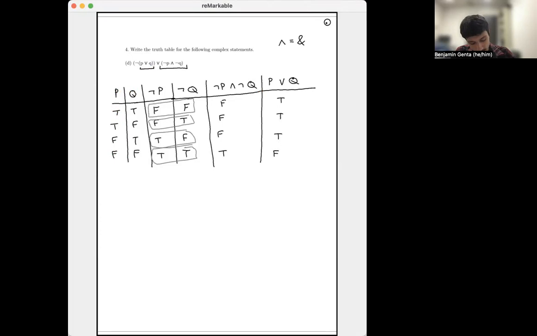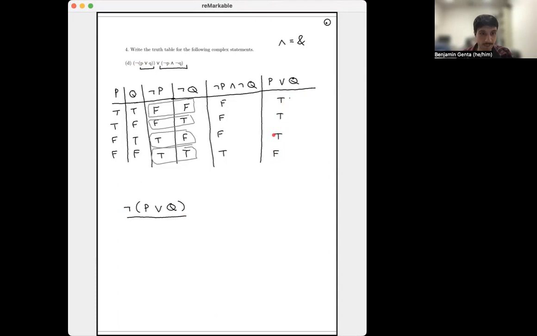Okay, so now we're not done yet with this whole left side because we see that there's a not in front of the parentheses, this whole thing. Okay, so we want to know the truth value of not (P or Q). Right, you can imagine that this is just to the side, but I don't have enough space here. But now we're just going to look at this table over here. This is what we care about.